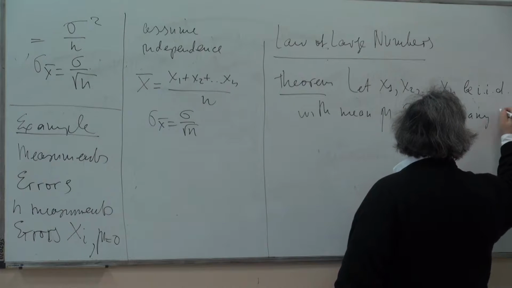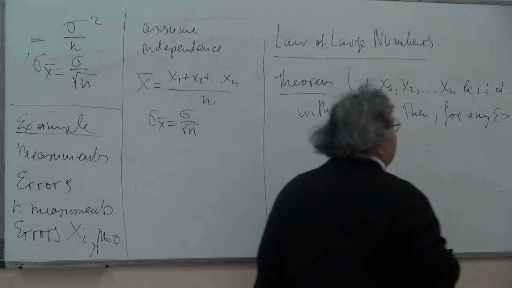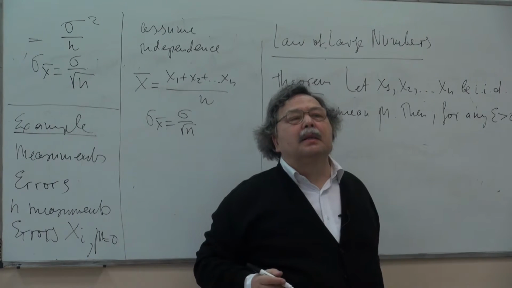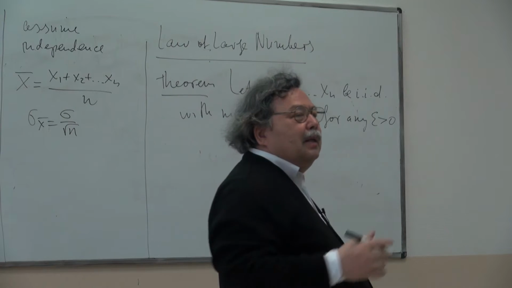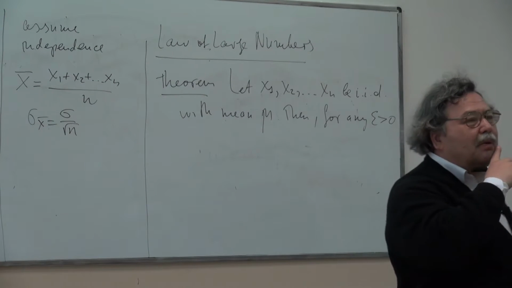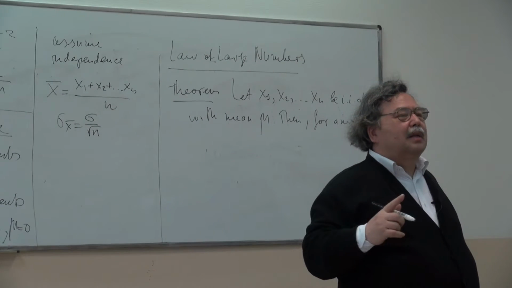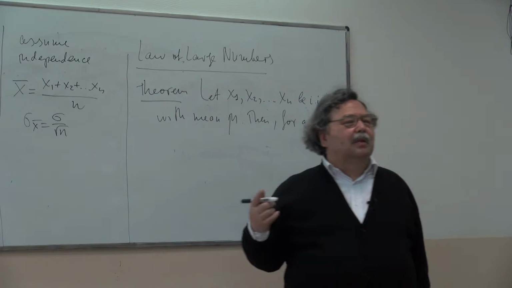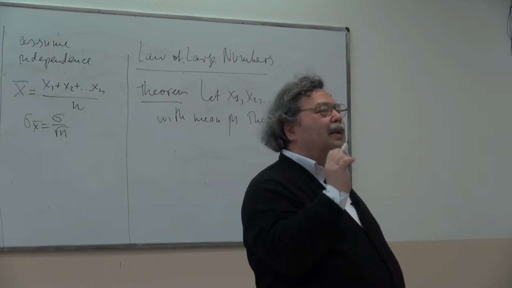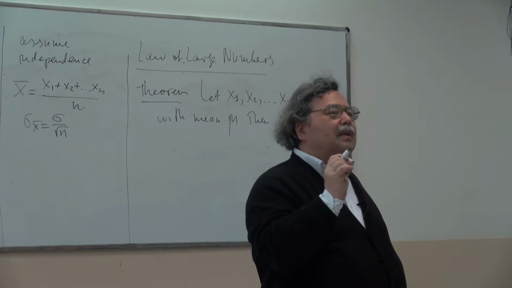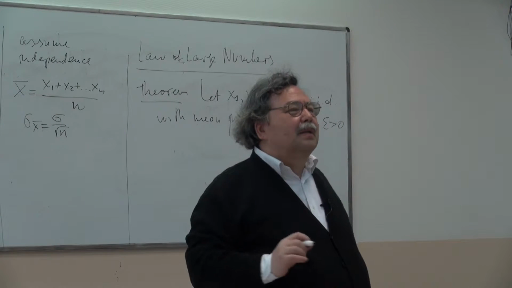Then, for any positive epsilon, now this is a lowercase Greek letter epsilon. By tradition, this tradition comes from calculus, actually. Originally, it was a tradition in calculus to denote a small infinitesimal quantity, a quantity that is going to be indefinitely small.